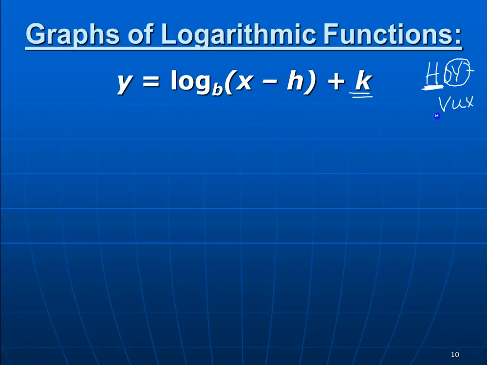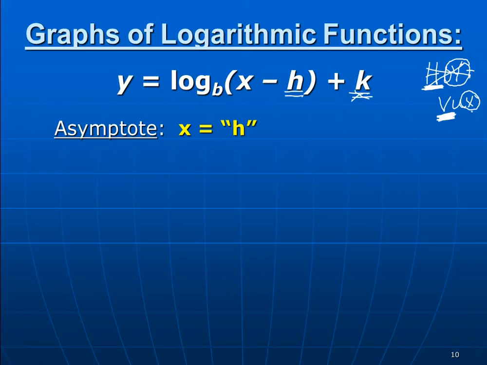Well, if we just flip-flopped everything, and now we have vertical asymptotes, now what are we going to reference? We're not referencing our y if it's a vertical asymptote. If it's a vertical asymptote, we're referencing our x. So the k is no longer what we're going to reference for the asymptote when we're looking at logs. It's now the h. The h is the x. It's our left and right. So when I'm talking about asymptote, I'm now talking about x. So that's my h.